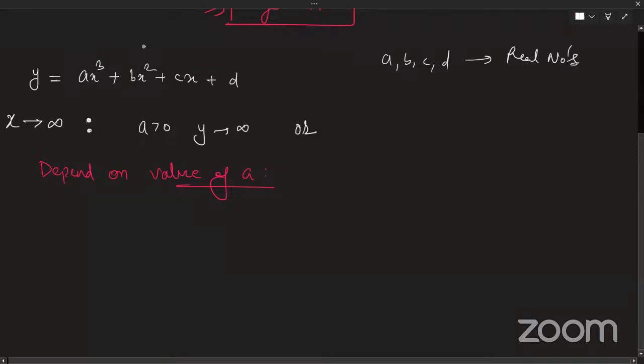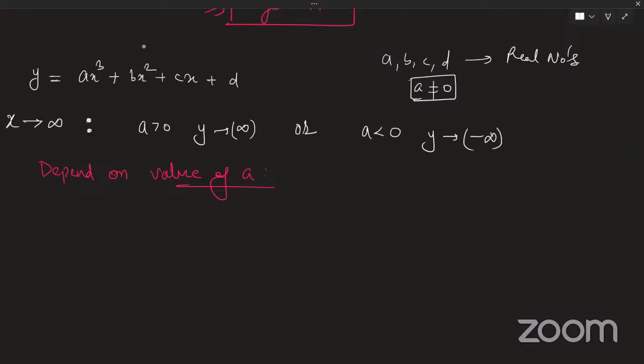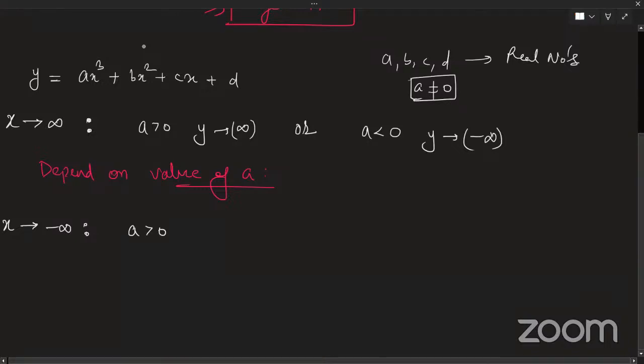Or if my a is negative, and I have already for sure this condition, y will tend to minus infinity. Correct? Similarly, tell me what if I make x tend to minus infinity? What will happen if I make x tend to minus infinity?